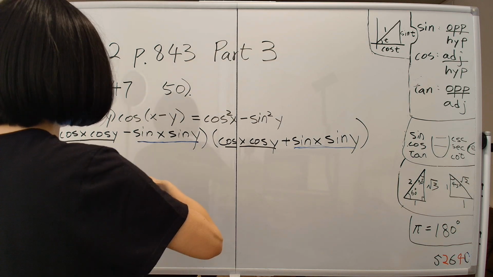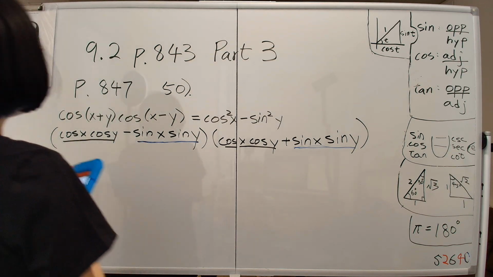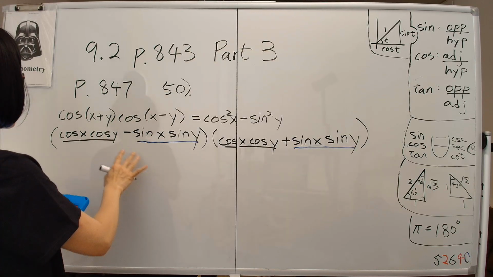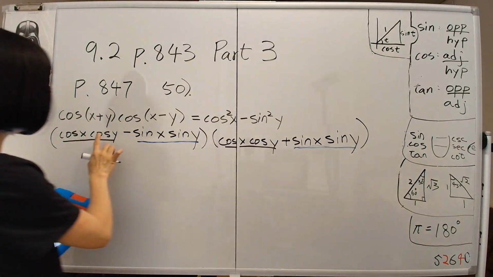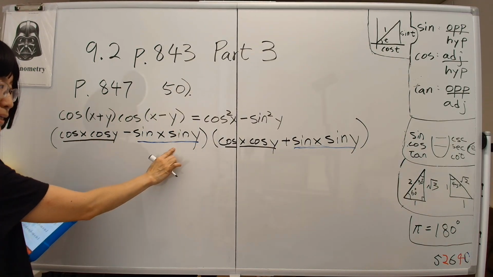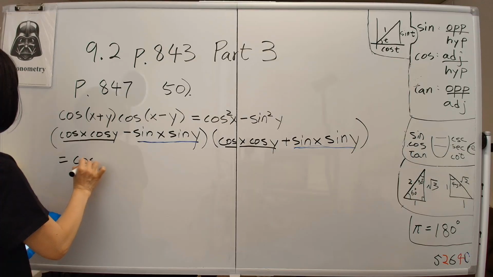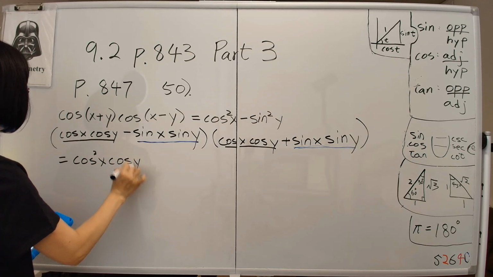Let me see. I need to put that down. All right, so the difference of squares says that a minus b times a plus b equals a squared minus b squared. So this part equals cosine squared x, cosine squared y.